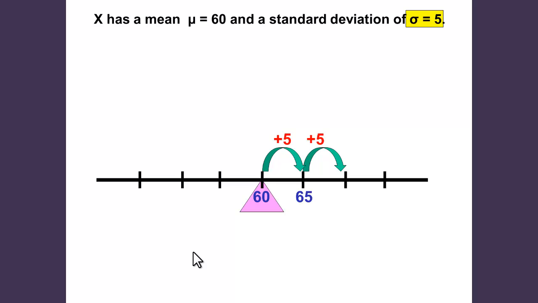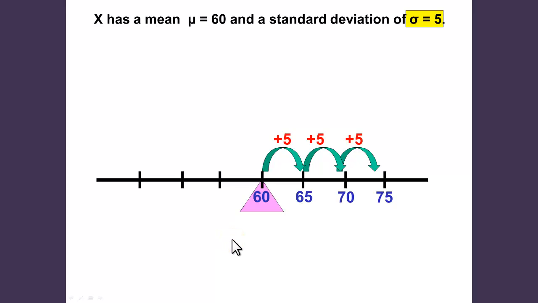That second jump means we'll jump 5 more units. 65 plus 5 will give us 70. 2 jumps of 5 gives us the 70. 60, 1, 2, 3 jumps gives us a total of 60 plus 15, which is 75, or 70 plus one more jump of 5 gives us 75.